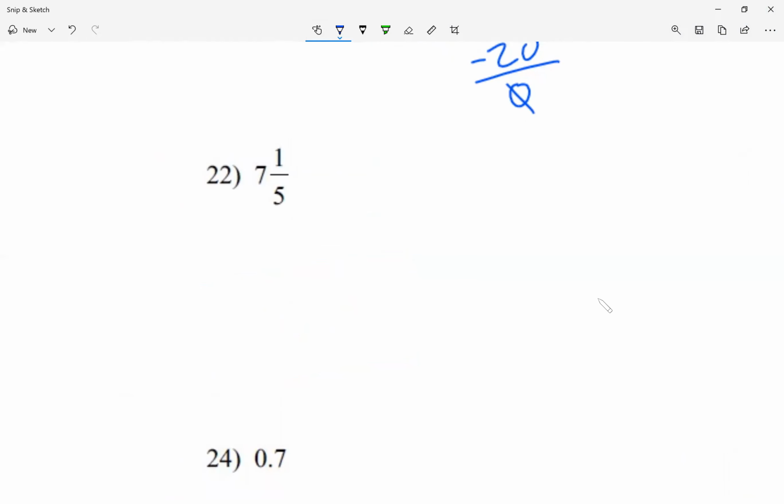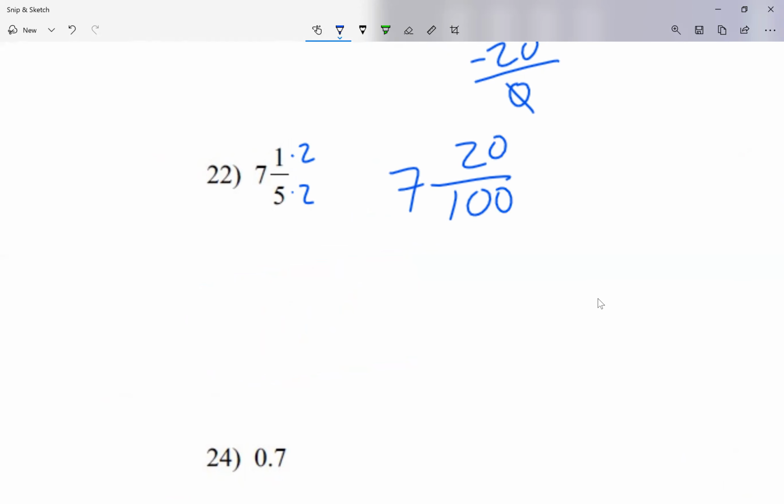Let's take a look at question number 22. Okay, so I can make the top and the bottom 10, right? So that looks like 7 and 2/10. I would like my fraction to have a 100 at the bottom. So let me multiply top and bottom by 10. Basically, I'm just going to add zeros there.